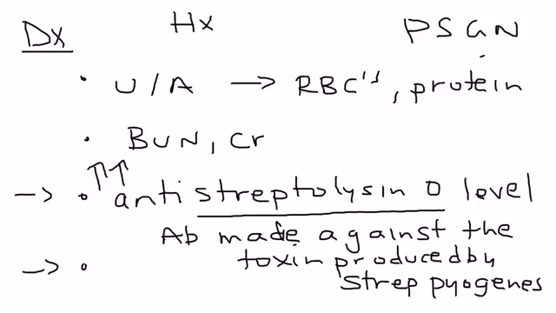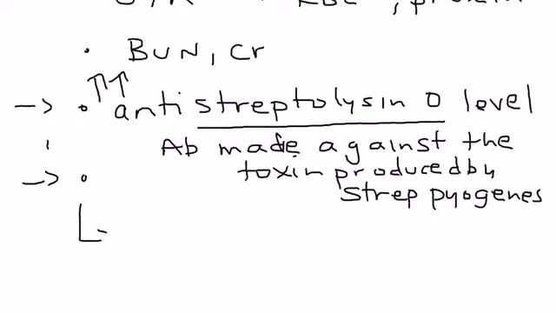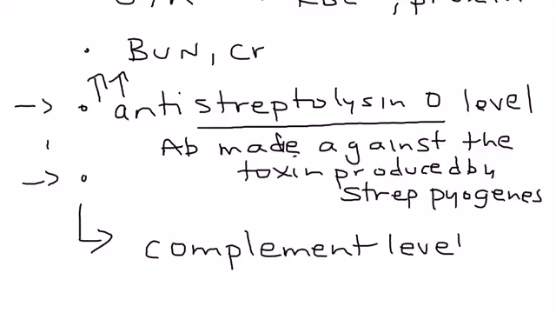The next very specific test that I need to discuss is something called a complement level. Now the complement level, for those of you who don't know, the complement is actually a part of our immune system.